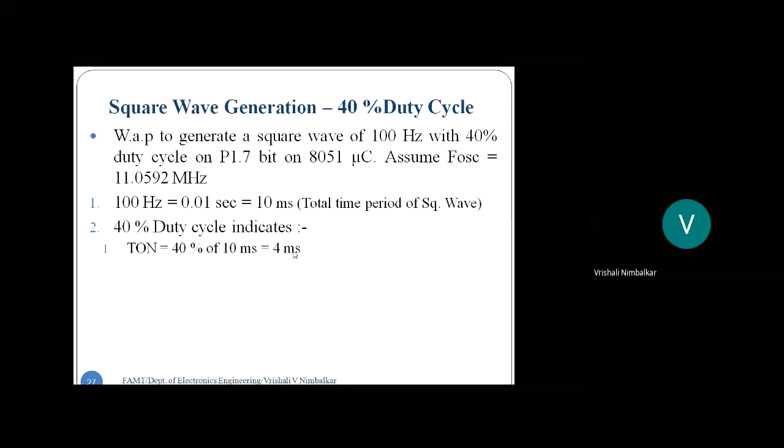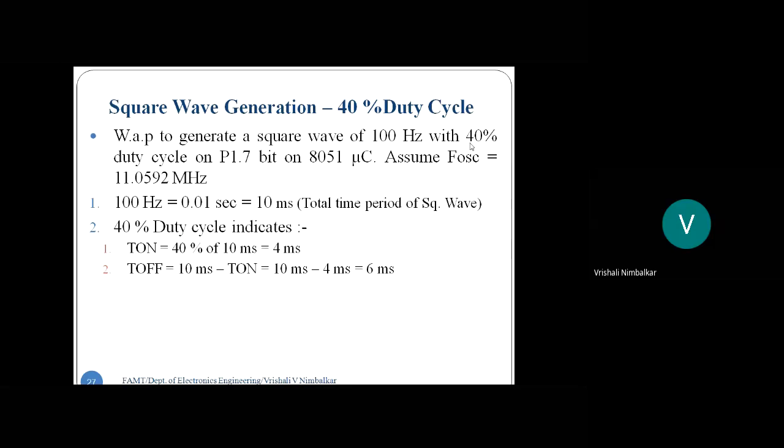The square wave is logic 1 for 4 milliseconds, and it is logic 0 for the remaining time. What is the total time? 10 milliseconds. Right? So the off time means the square wave is logic 0 for total time minus the on time. Total time is 10 milliseconds and the on time was 4 milliseconds. The off time is 6 milliseconds.